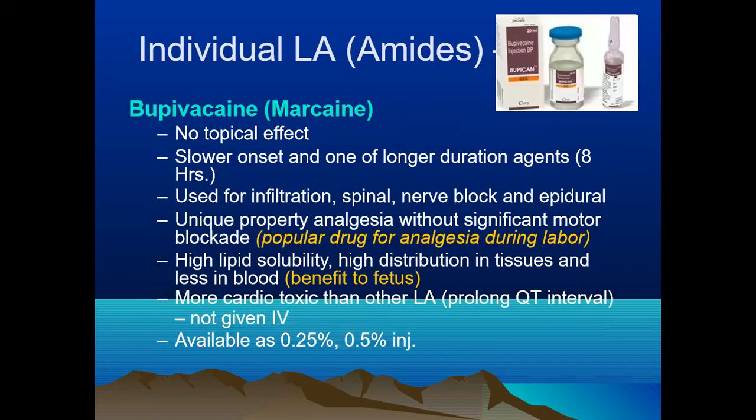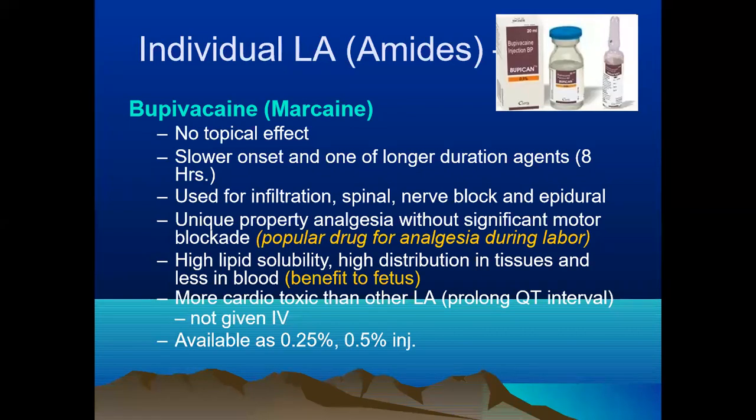The other one is bupivacaine, which is an amide. It has a slow onset of action and a long duration of action, about 8 hours, and is used for infiltration, spinal nerve block, and epidural. A unique property is that it produces sensory block without significant motor blockade.